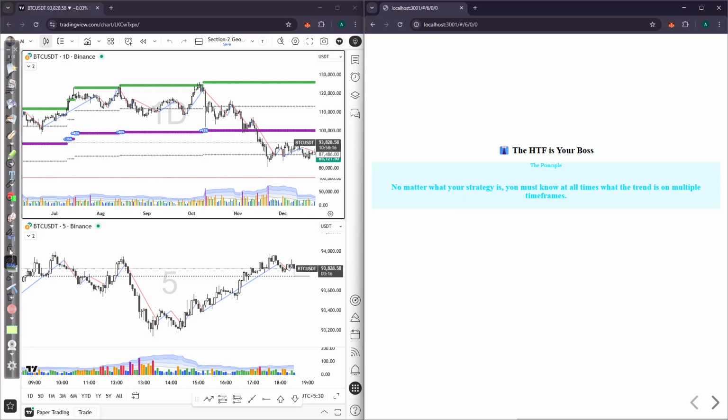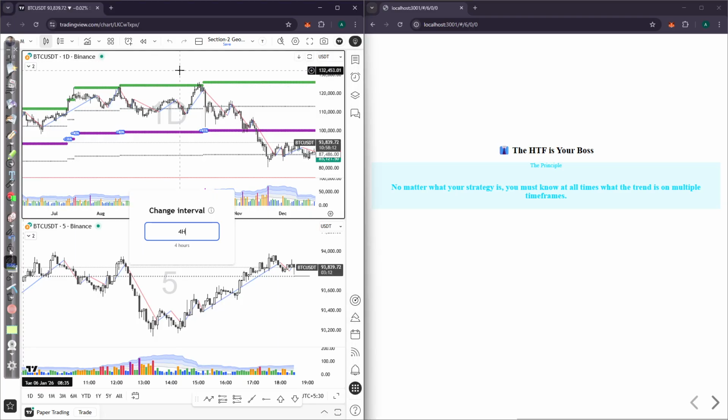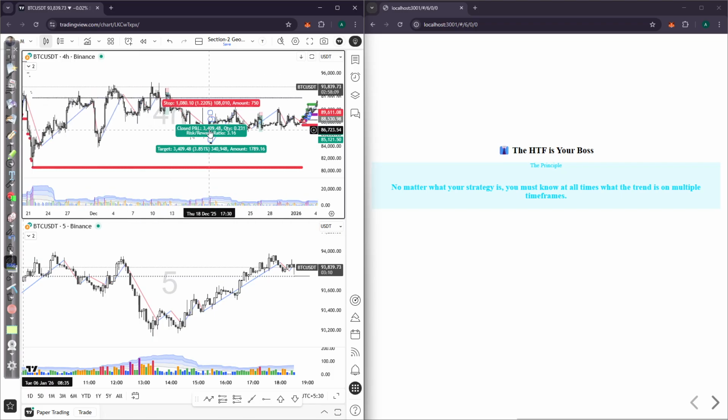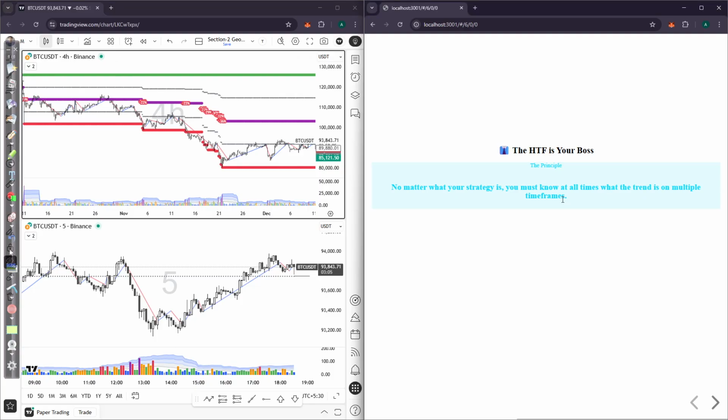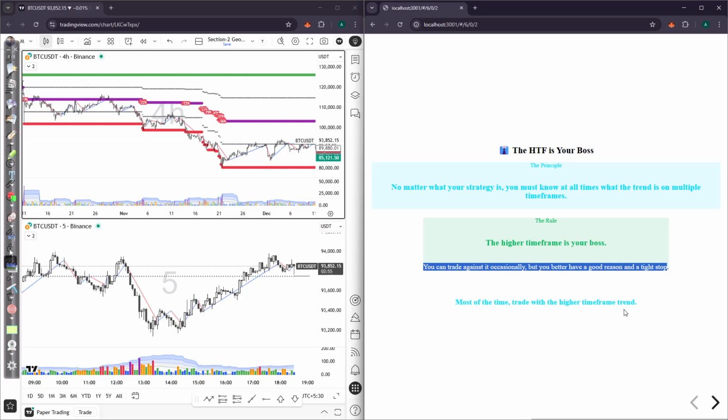Okay. In this case, daily time frame or 4 hour time frame. If I put it on the 4 hour time frame, you can see the context of the market as well. Okay. So the rule is the higher time frame is your boss, and you can trade against it occasionally, but you better have a good reason and a tight stop loss. Okay. Most of the time, trade with the higher time frame trends.